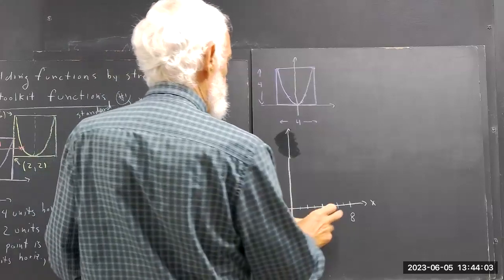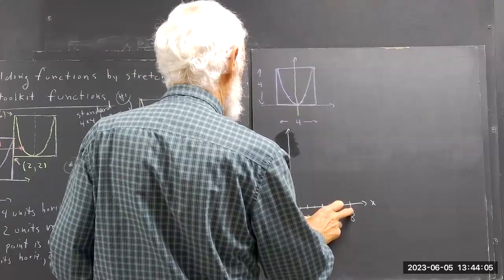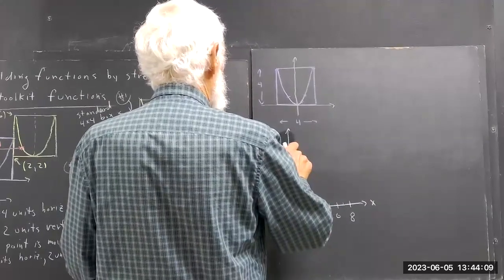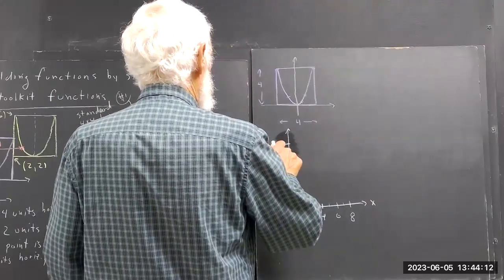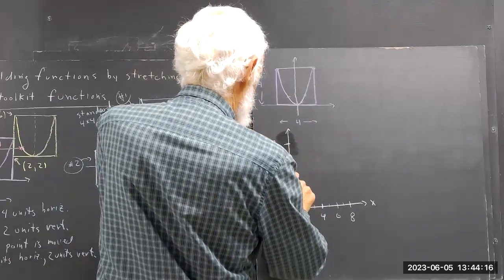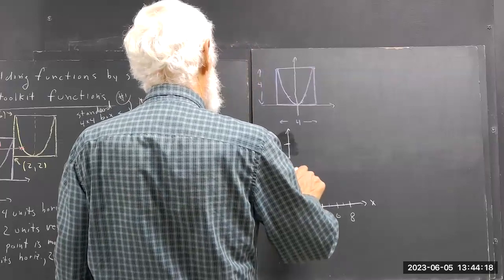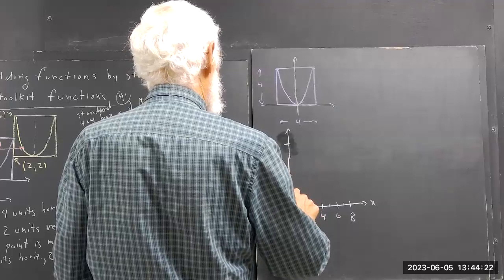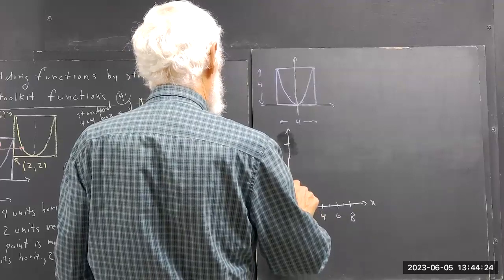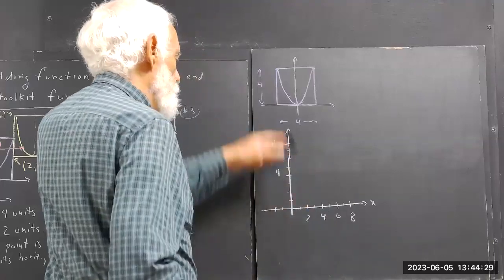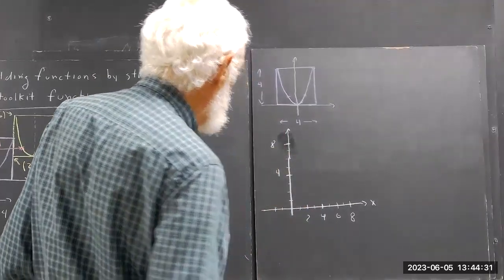If 8 units is here, I'm going to set this up so we have pretty much equal scales on the X and Y. So we've got 8 up here. If I subdivide that, I get 4 about here, then 2, 1, 3, 6, 7, 5. Okay, so now I've got a pretty good scale for my y-axis.